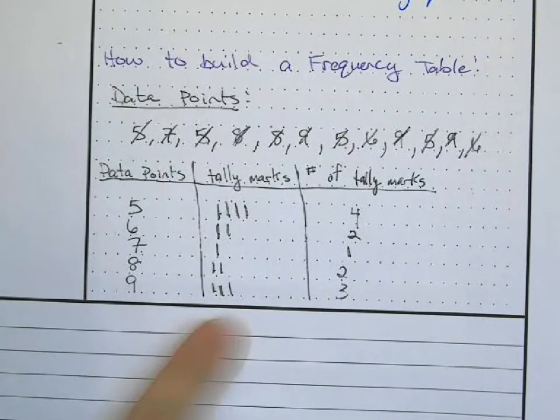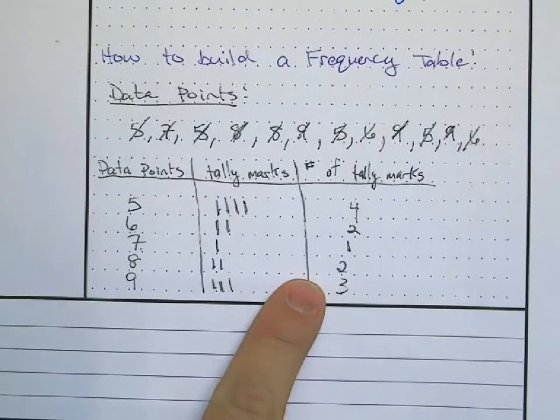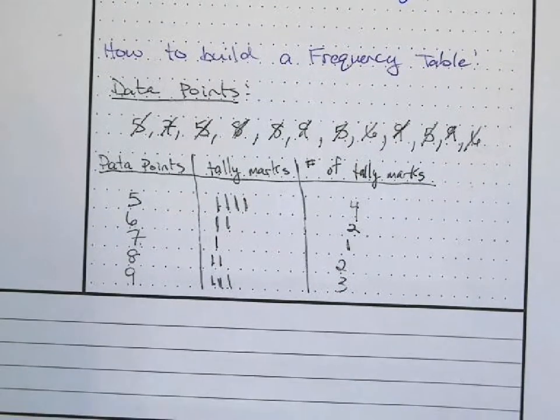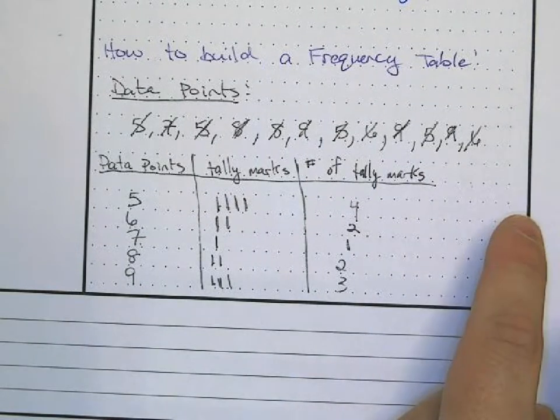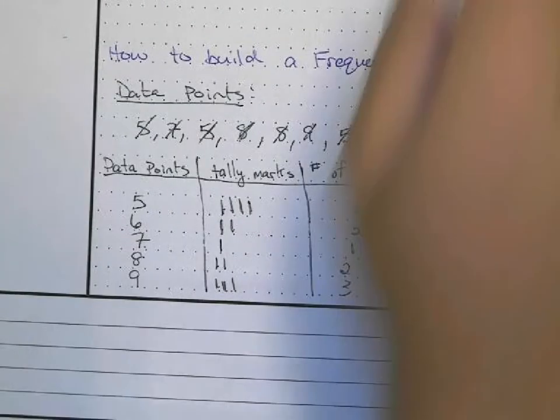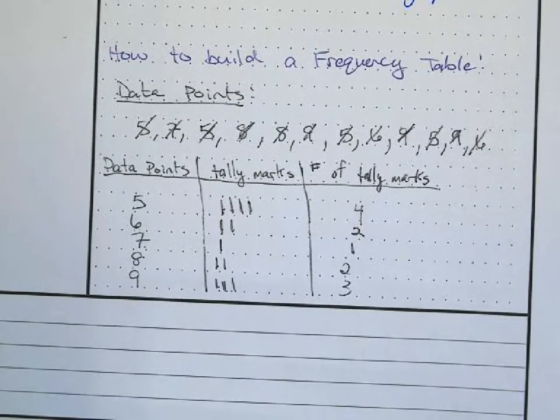Okay, so now that we've created our frequency table, we can create a histogram. I'm going to try to fit it in this space right here, but it's going to be a little tight. Okay, never mind. Let's not fit it in that space. That's going to be too tight.